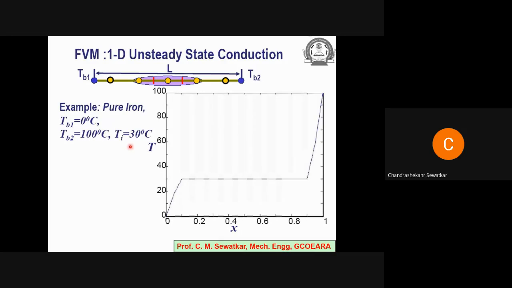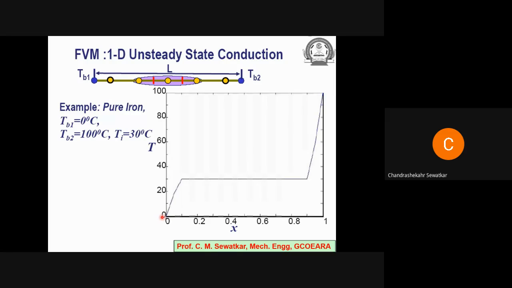And then if I apply this solution algorithm, I can capture the solution at any time instant as per my requirement. So I am here plotting this. Do remember, this problem is intrinsically steady. So in due course of time, you may obtain a steady state solution and you may have a linear variation of temperature like this, a straight line.